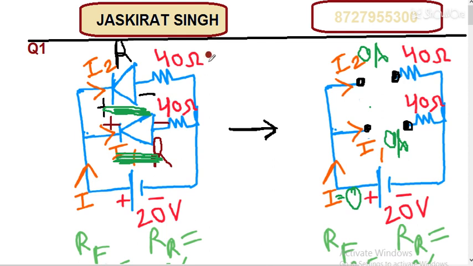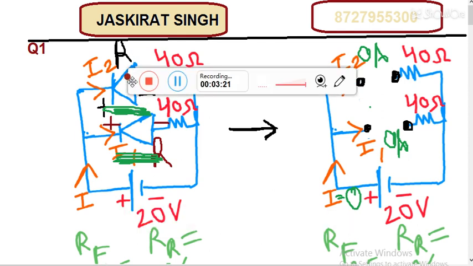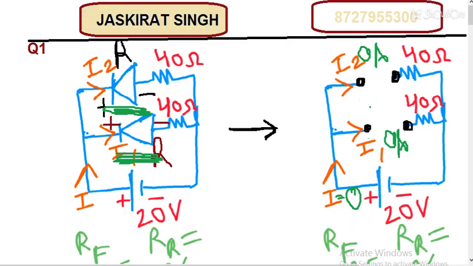If you have any problem in this question, then you can ask me in the comment box or personally. So question number 1 we have done, and the answer is 0 ampere current for all I, I1 and I2. I hope this is clear. Why does this happen?